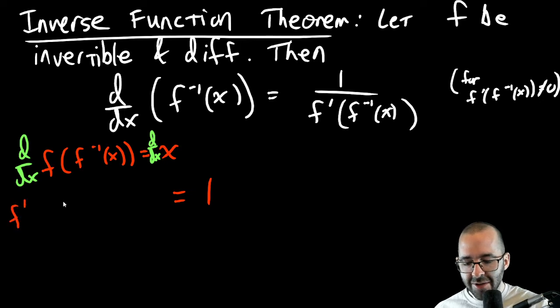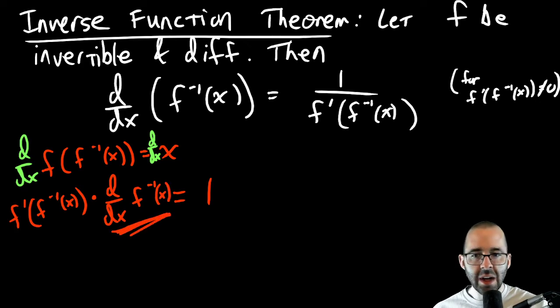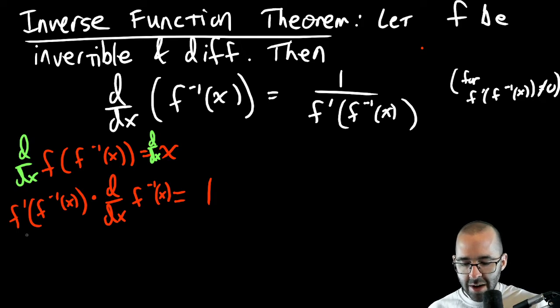Derivative of the outside function, leave the inside function alone, and multiply by the derivative of the inside function. But we don't know this derivative. We can't evaluate it. Well, what's the relationship between what we have here and this? All we have to do is divide both sides by f prime of f inverse of x.